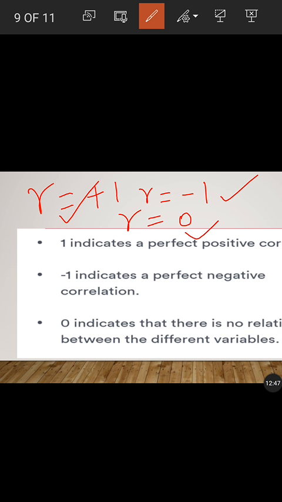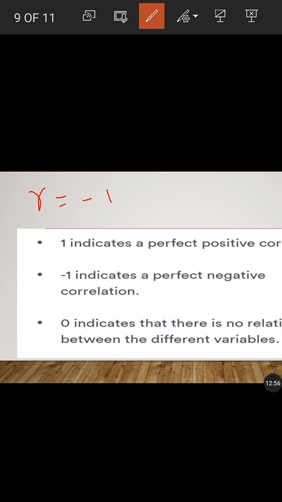Okay, so the value of r should be within -1 to +1. It can be exactly 1 or -1, but it should not be more than 1. So the limit is -1 to +1, and we can have values only up to this.